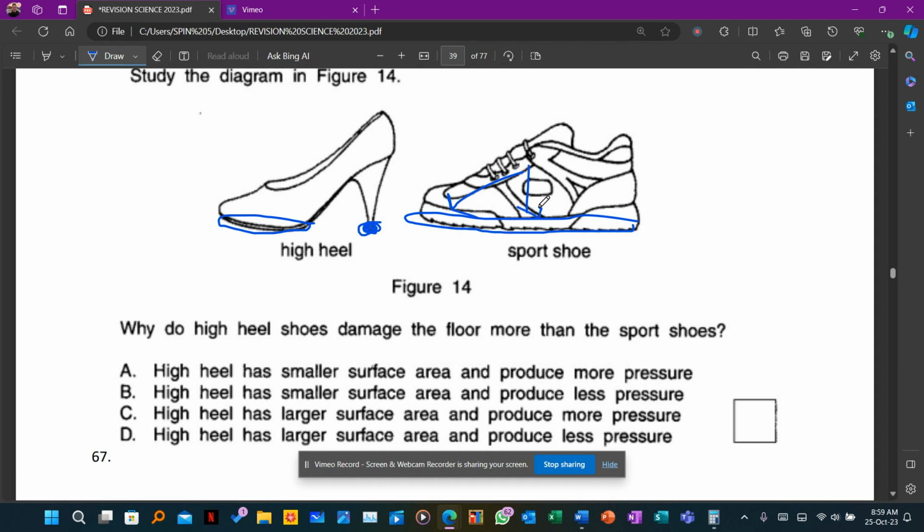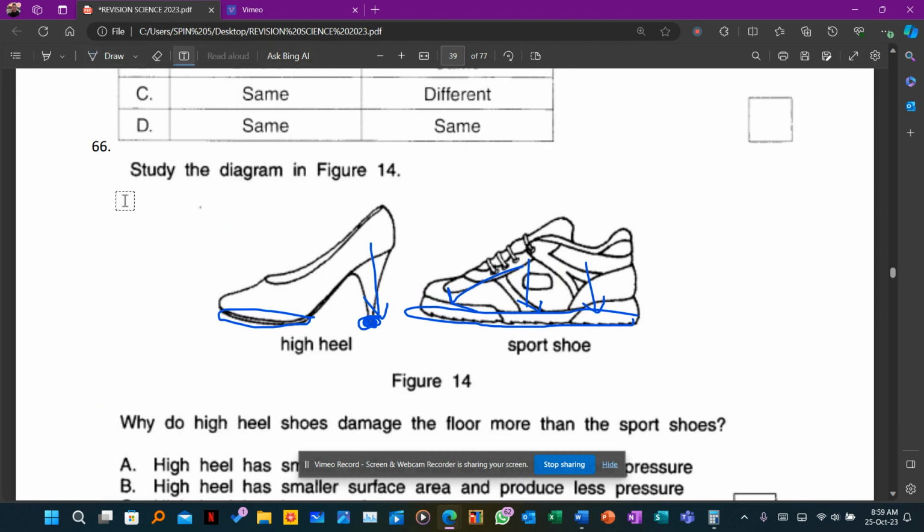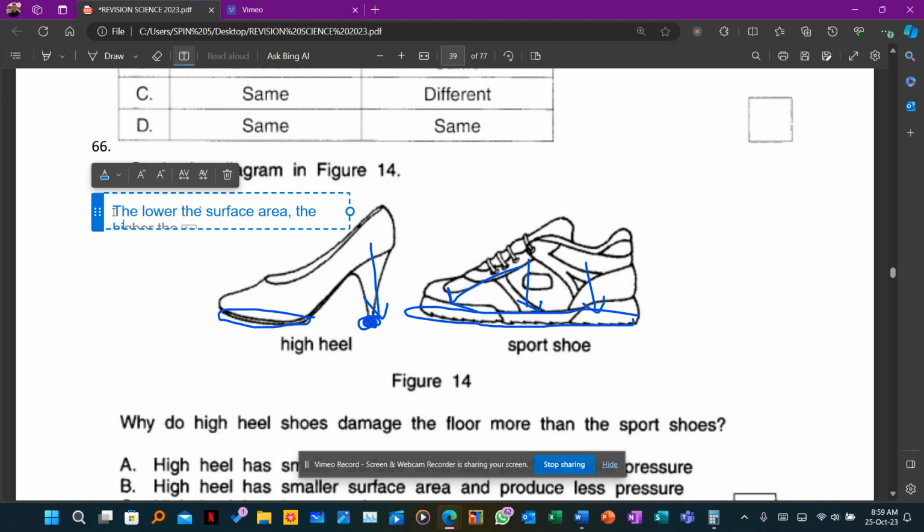So when the force is spread out evenly, the pressure will become less. But here, the pressure will be focusing on this one specific area. So just don't forget, the lower the surface area, the higher the pressure.